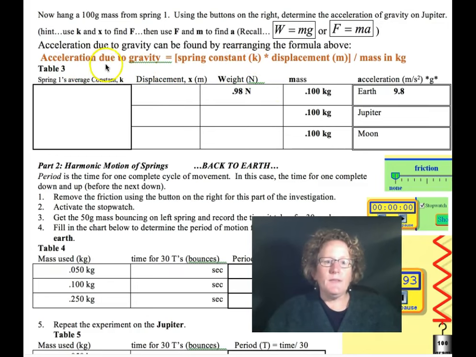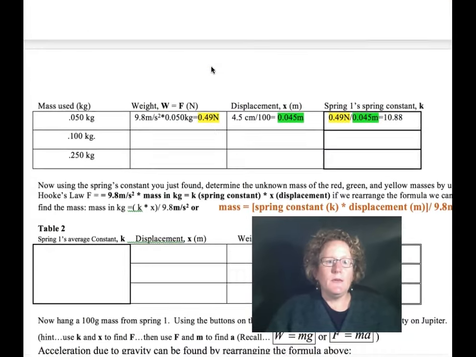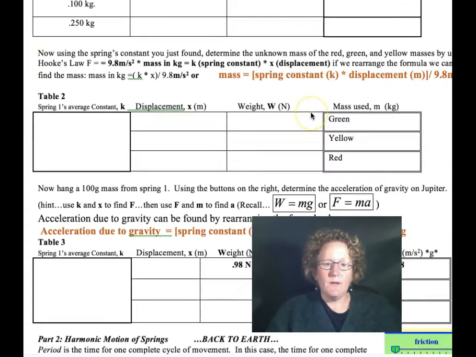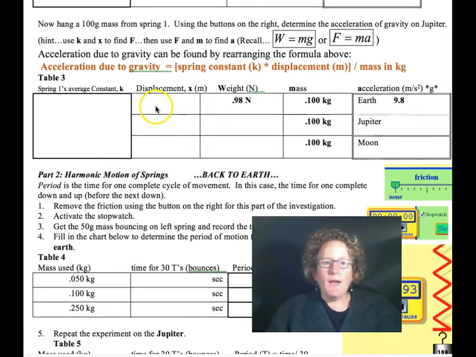You can find the acceleration due to gravity by multiplying the spring constant, which we used in the last problem and we found in table 1 here. So you can use whatever spring constant you found here. You can find the displacement for 0.1 kilograms, which is 100 grams.